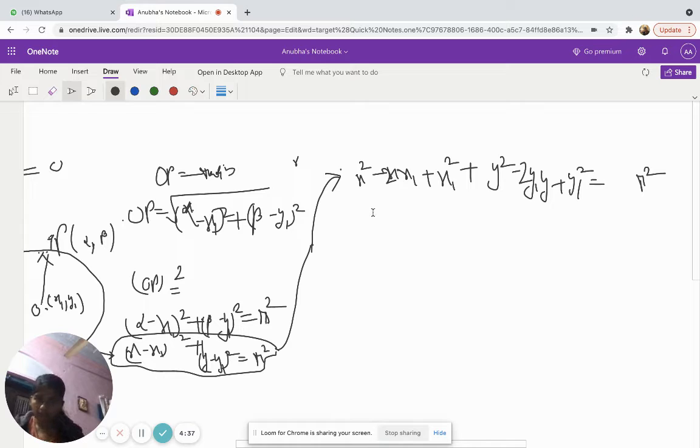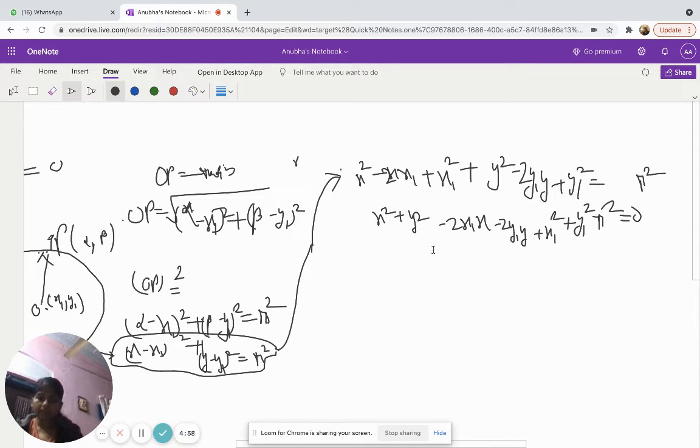So let's combine it in the form of the conic equation. x square plus y square minus 2x1x minus 2y1y plus x1 square plus y1 square minus r square is equal to 0.